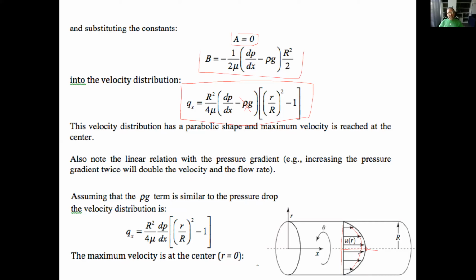And then the more important part is if you look again at that equation, okay, I just copied it over. So I threw away the rho g term finally. And instead of this, I'm going to use that one. So this is the equation. And again, at r equals 0, the maximum velocity.